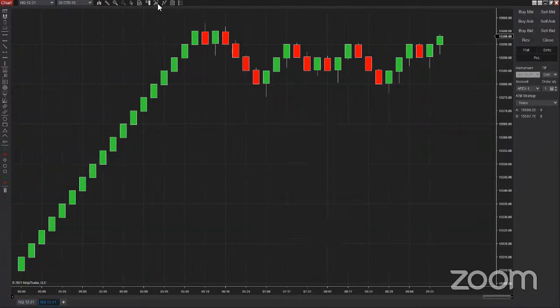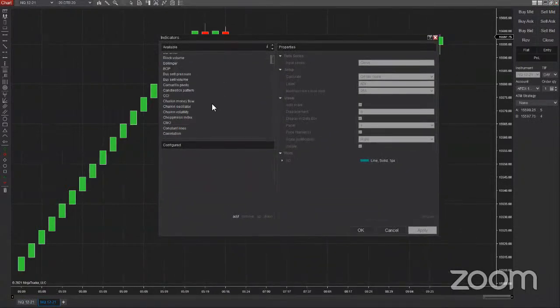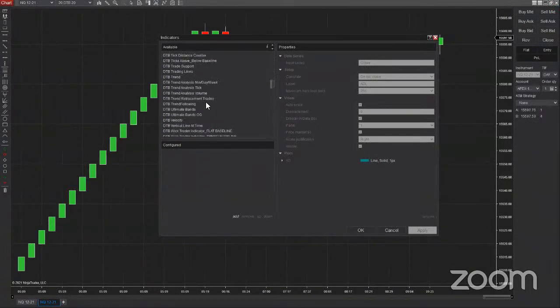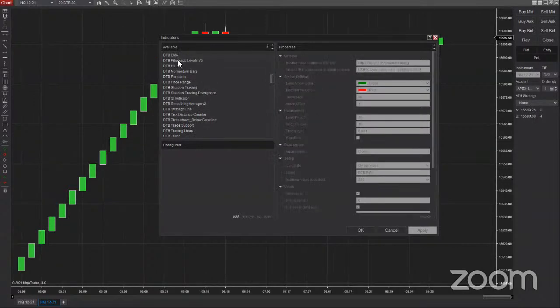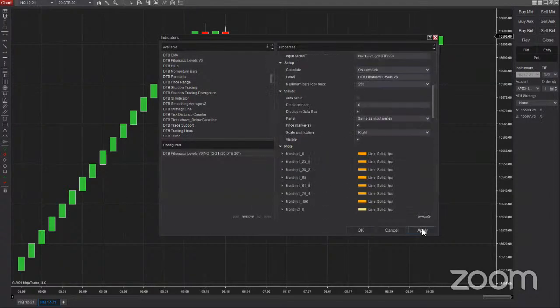If I go to my indicators, I forget to use these shortcuts on top. So I'm going to load up my Fibonacci levels, which is a very good indicator to work with, as we've seen on the sessions. I'm going to load that just so we can see where the price is and what it looks like. And then I'll switch over to the trading chart and see if there are any trades as the market opens.